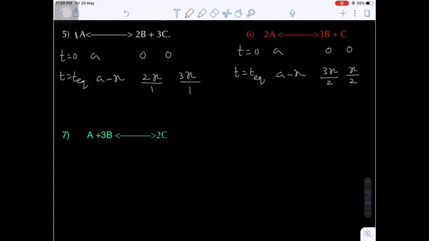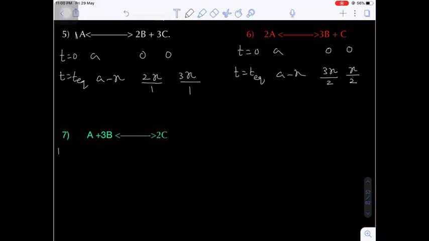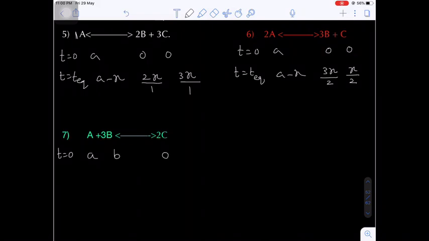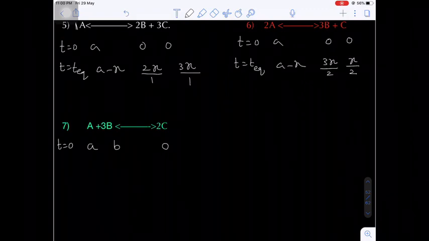Okay, now here there are two reactants. Let's suppose initially the number of moles of capital A is small a moles and of capital B small b. Out of A and B, first of all we have to decide which is the limiting reagent. That is a very important concept.